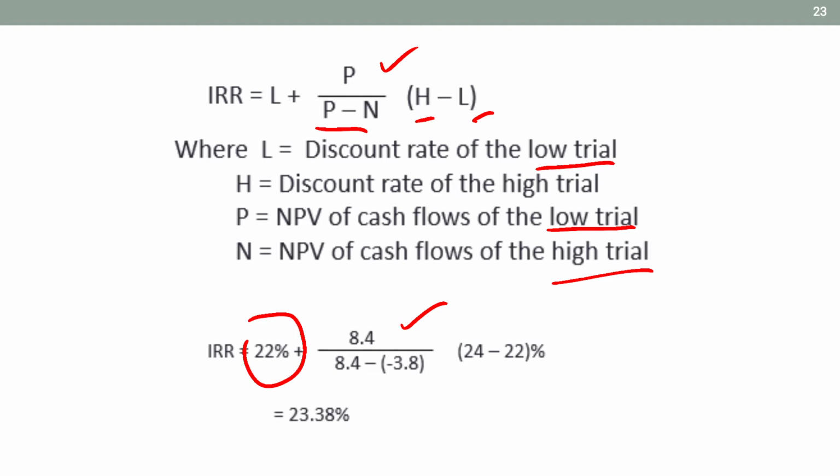Anyway, it will become plus, into higher discounting rate 24% minus low discounting rate 22%. If you are plugging these values in this formula, you are ending up with 23.38%.